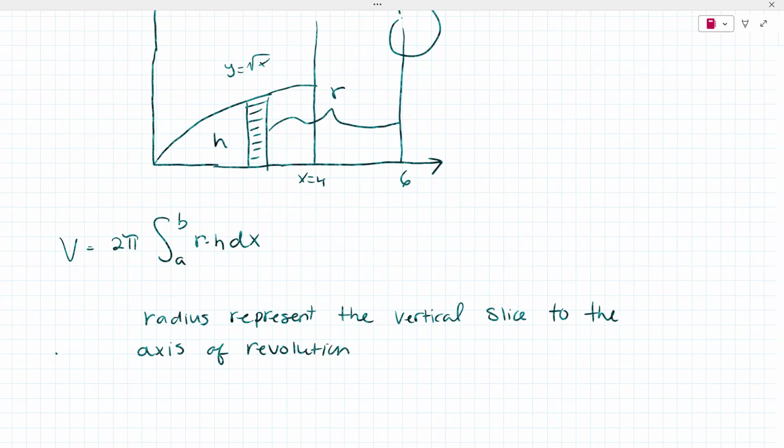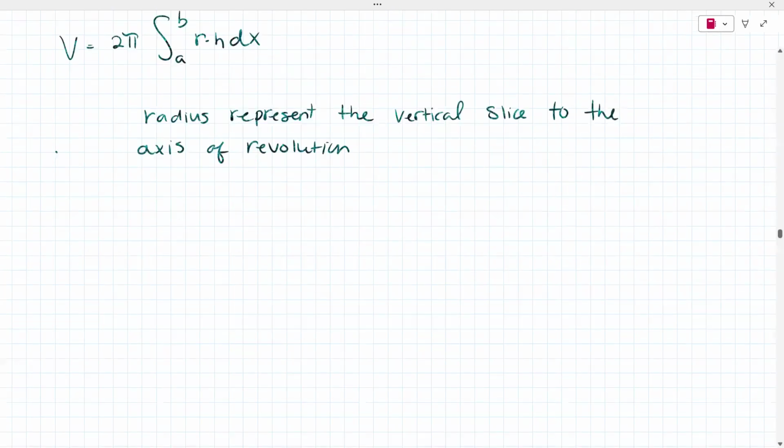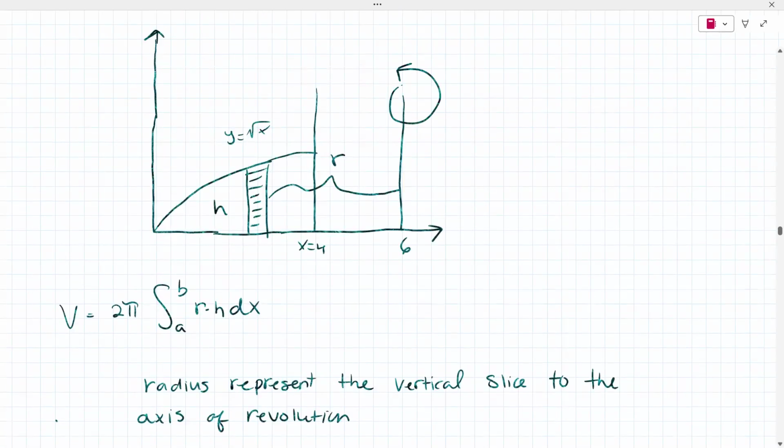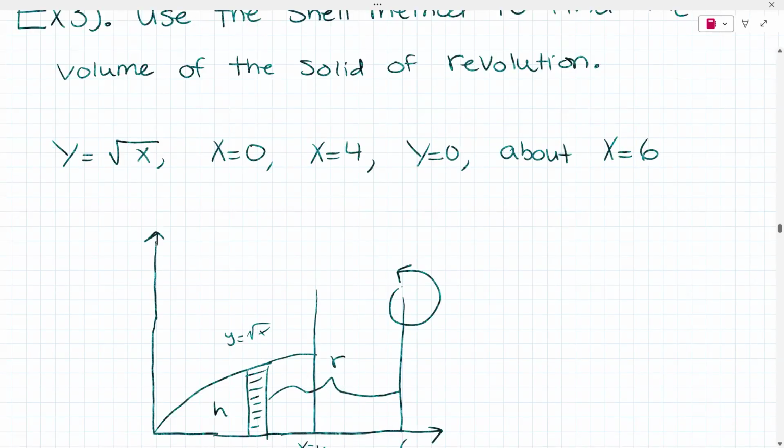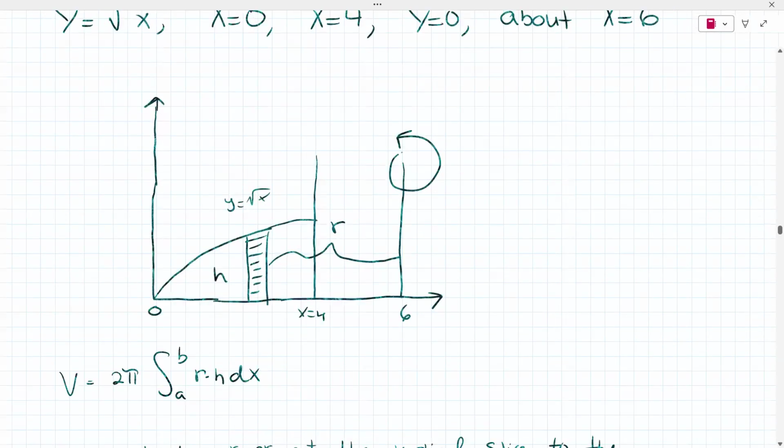So yeah, like we said before, we kind of have a problem here. We have this little gap, right? But don't worry, we can still figure it out. So volume equals 2 pi, and our boundaries from a to b are in terms of x. So that was kind of given. Our lower boundary was x equals 0, and our upper boundary is 4. So from here to here.